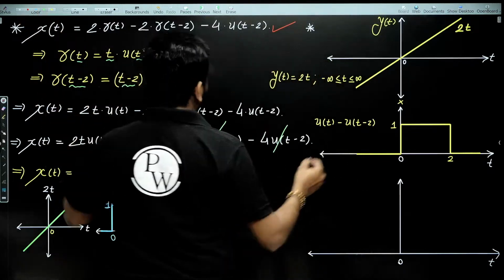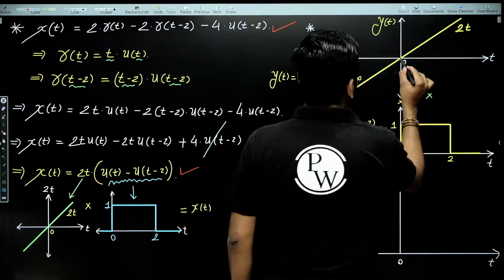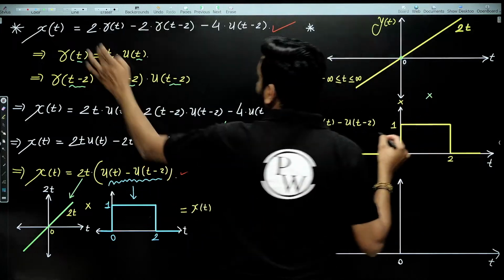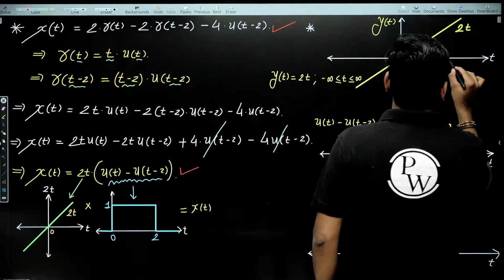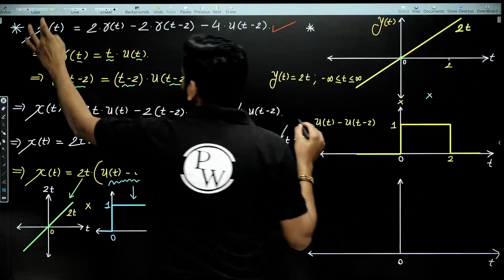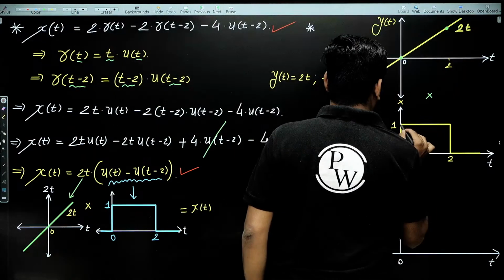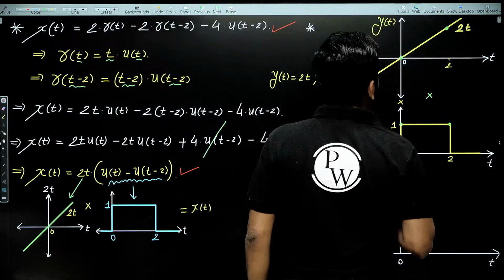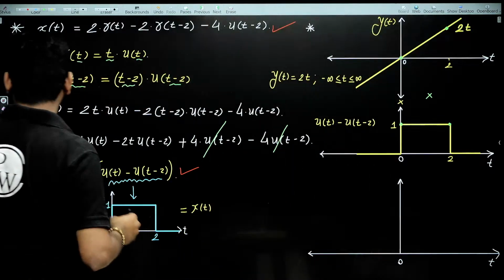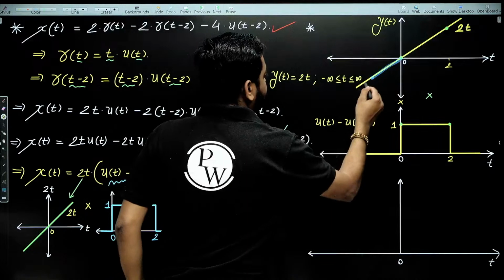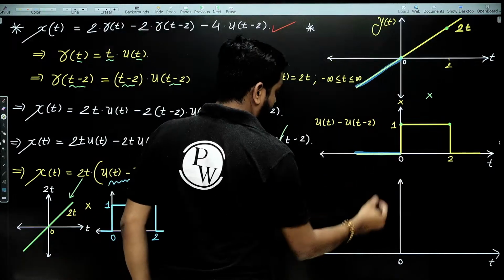Now if you multiply these two: less than 0, guys, this multiplies with 0, so the answer is 0.